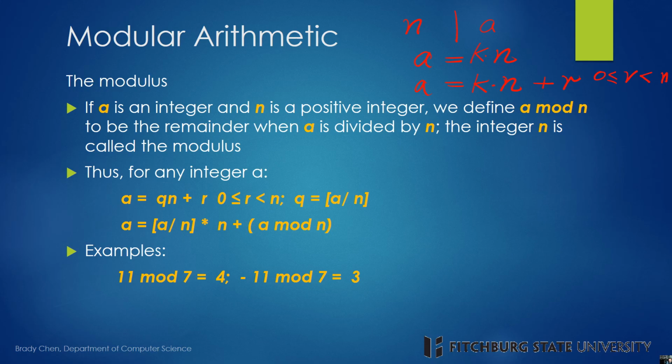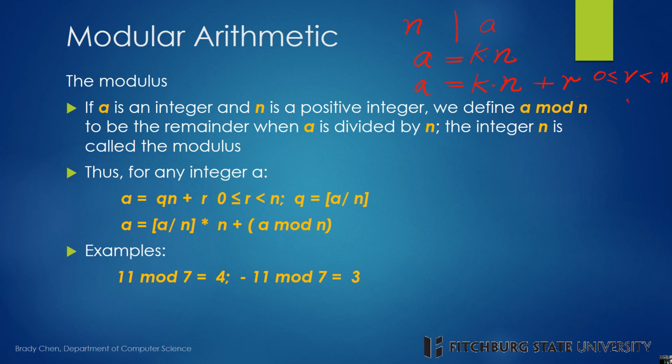Now, why is r less than n? Because if r is greater than or equal to n, then we can actually take another n out and put it over here.